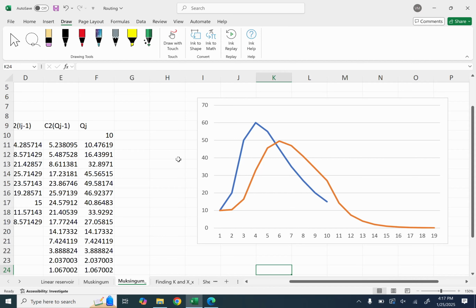In the case of Muskingum routing, the storage and outflow has variable relationship, and I'm going to explain what the variable and invariable relationship mean with regards to discharge and storage in another video. So for now, just remember that for Muskingum routing, the peak of the outflow falls outside the falling limb. For the linear reservoir routing, the peak falls on the falling limb.